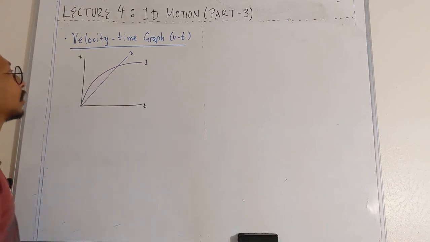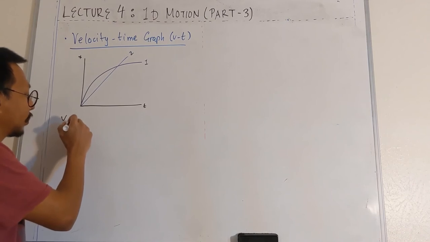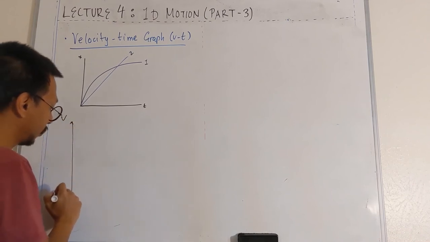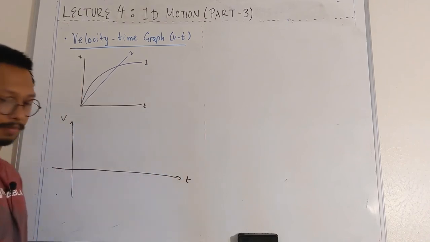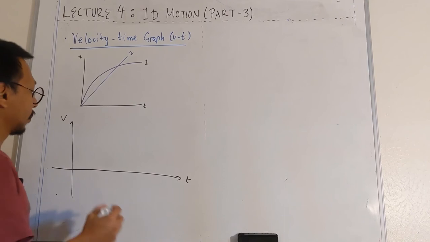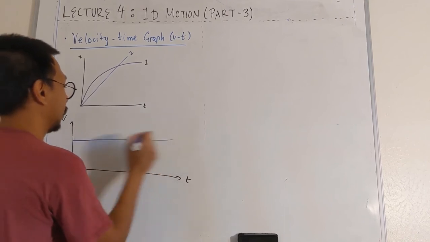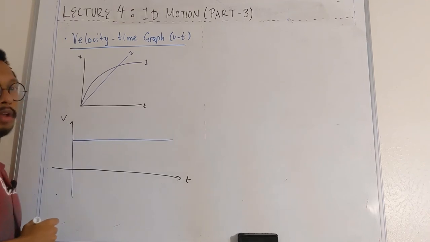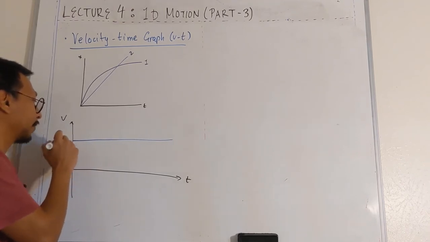Okay, always the same. So if you want to derive the velocity time graph from the position time graph, we have to know that for person 2, the velocity time graph would be a horizontal line like this at 1.5.